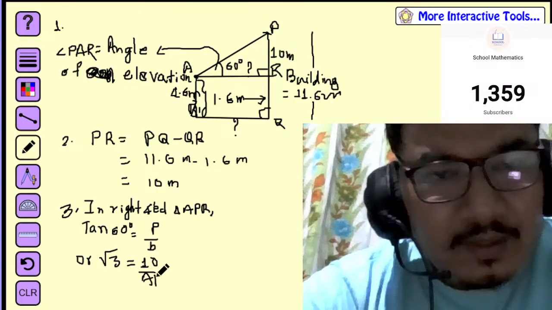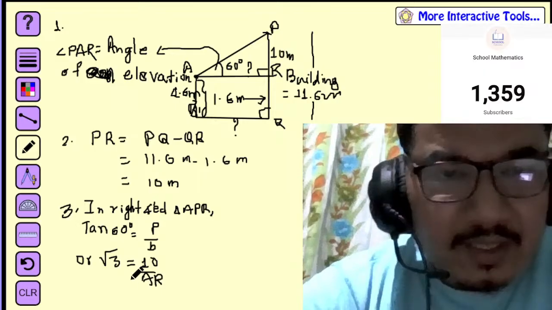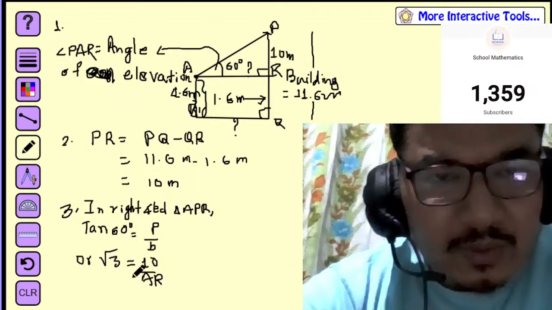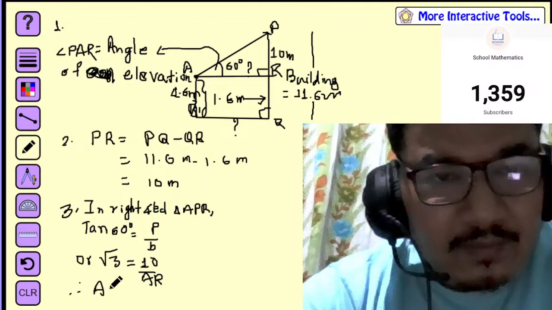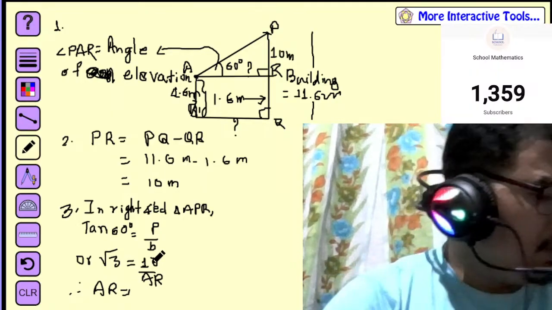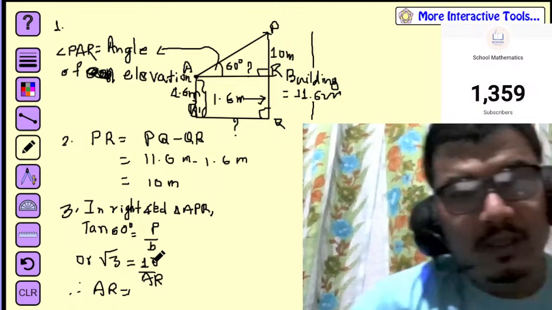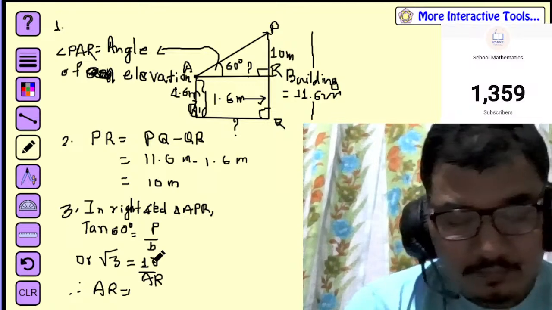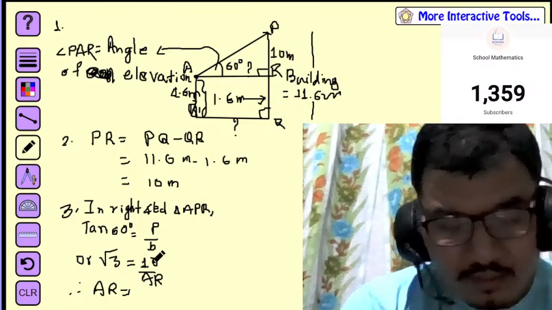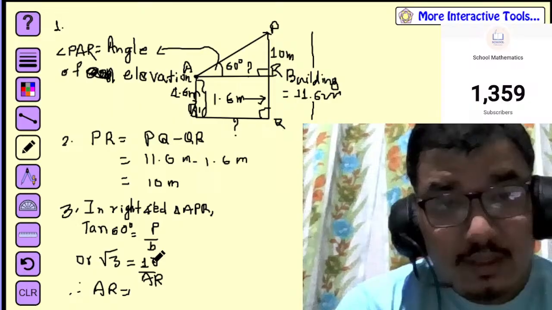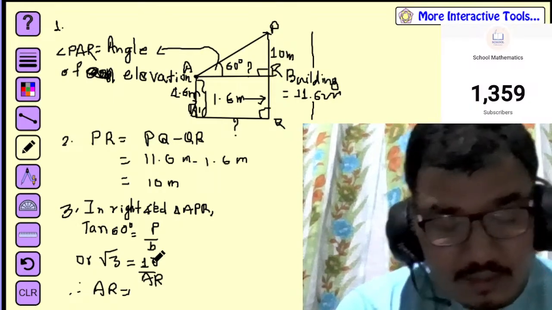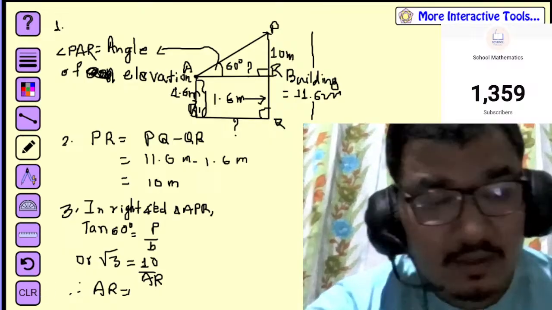Now we cross multiply: AR will multiply with root 3, and root 3 will come to the other side as a divisor. Therefore AR equals 10 divided by square root 3. Then the answer will come 5.77.